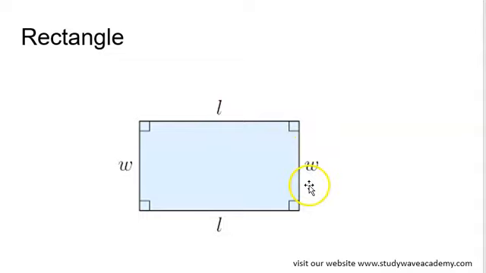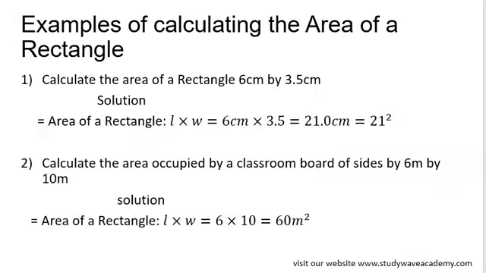So we have to calculate it to get our area, which is the inside of this rectangle. So we write out our formula and input our numbers according to the formula. We have 6 centimeter times 3.5 centimeter. When you calculate that, it will give you 21.0 centimeter. This zero is irrelevant, so we have 21 centimeter square. Okay.